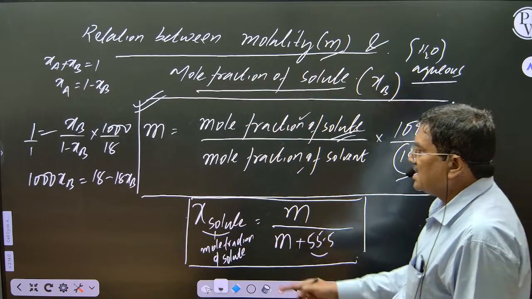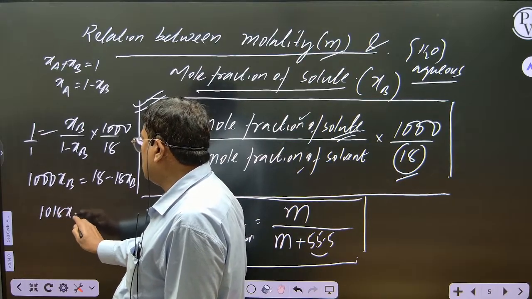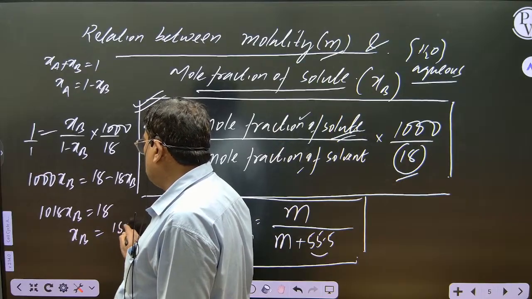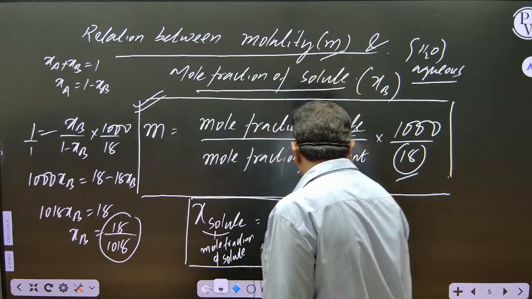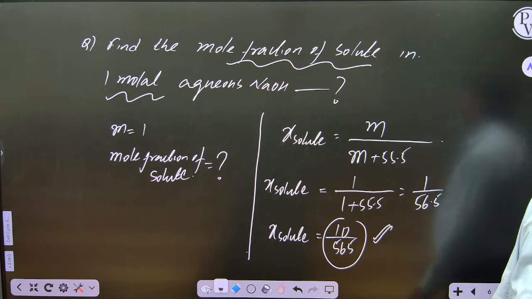So when you take chi b to the left side, how much do you get? 1018 chi b. That will be equal to 18, or chi b comes to what? 18 upon 1018. Check the answer, we get the same answer as we did in the previous one, 10 upon 565.